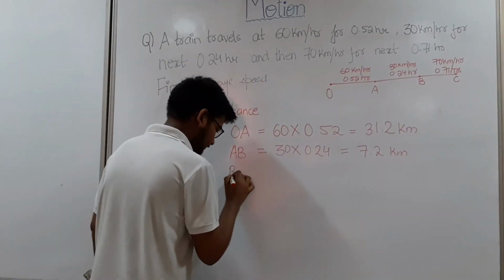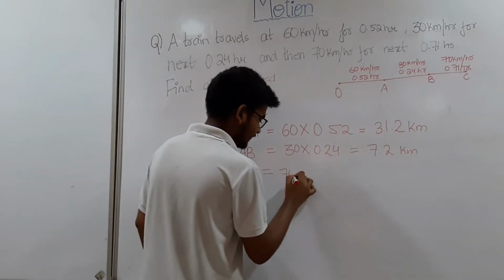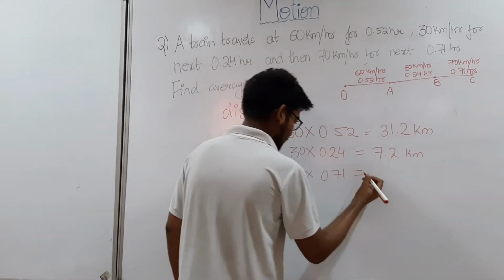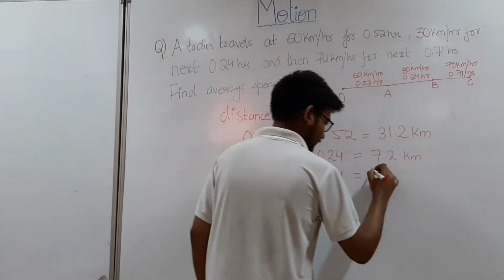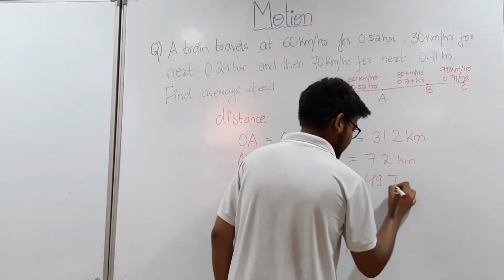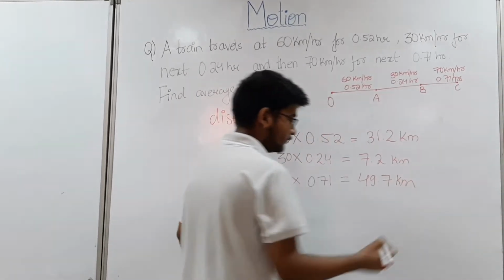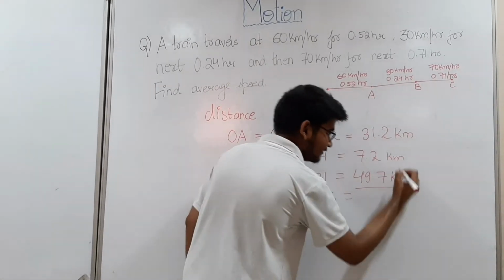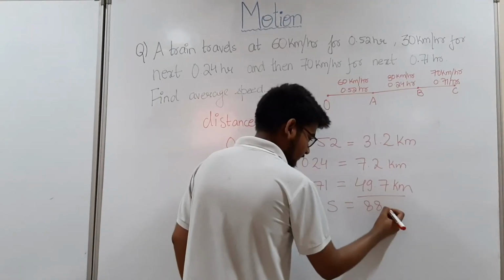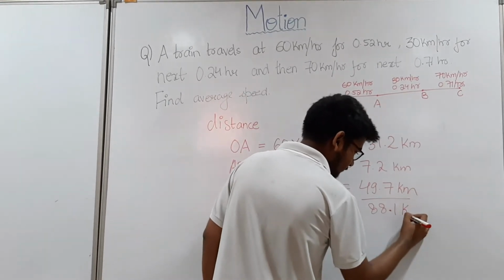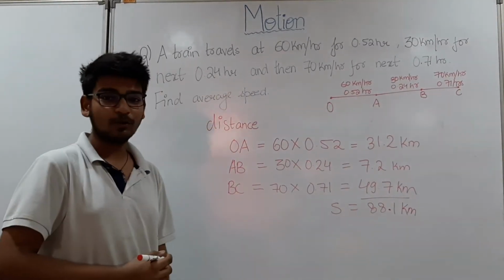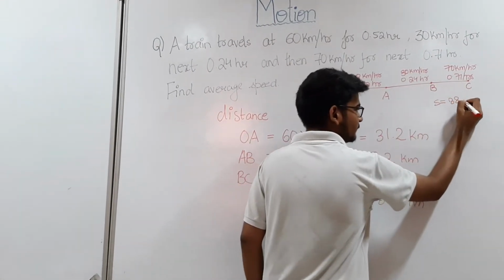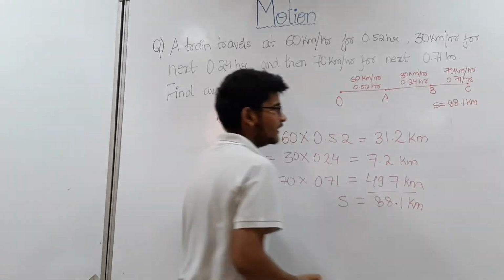From BC, it will be 70 into 0.71. That will be 49.7 kilometers. So the total distance will be the sum of these. That will be 88.1 kilometers. So the total distance travelled comes out to be 88.1 kilometers.